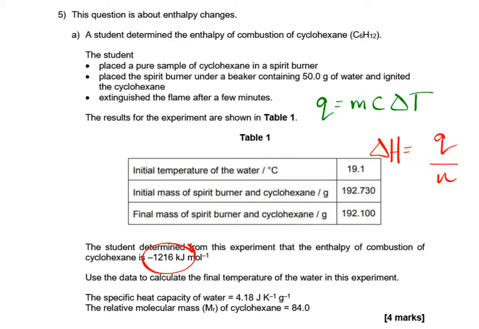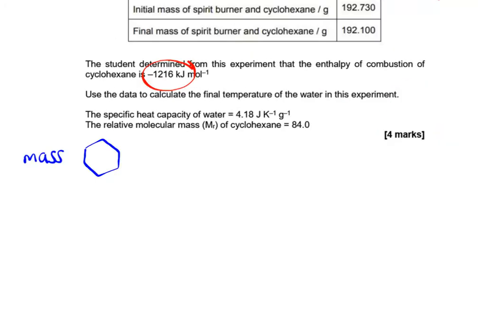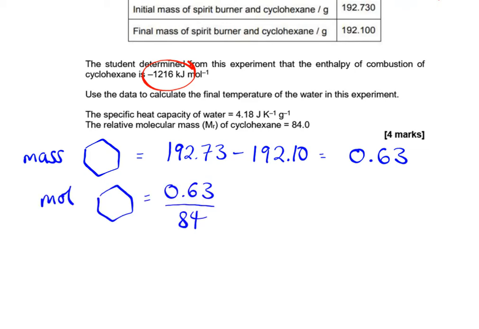So where to start with that? Probably what I would look at doing is get the mass of the cyclohexane by doing the subtraction, which gives us 0.63 grams. Let's now work out the moles. So the MR of cyclohexane is 84, which gives us 7.5 times 10 to the minus 3 moles.